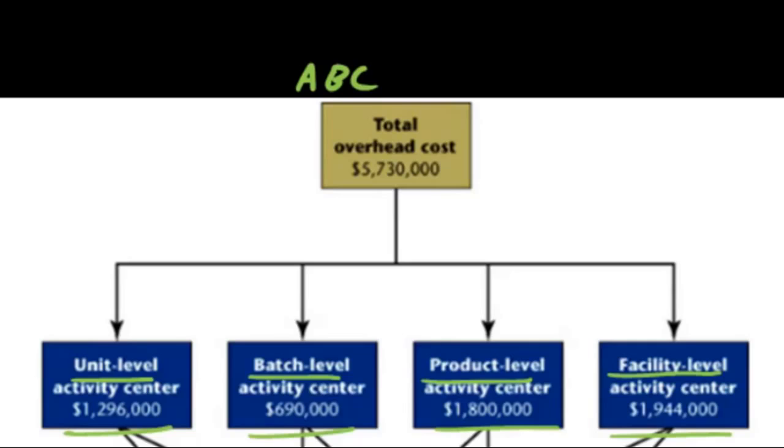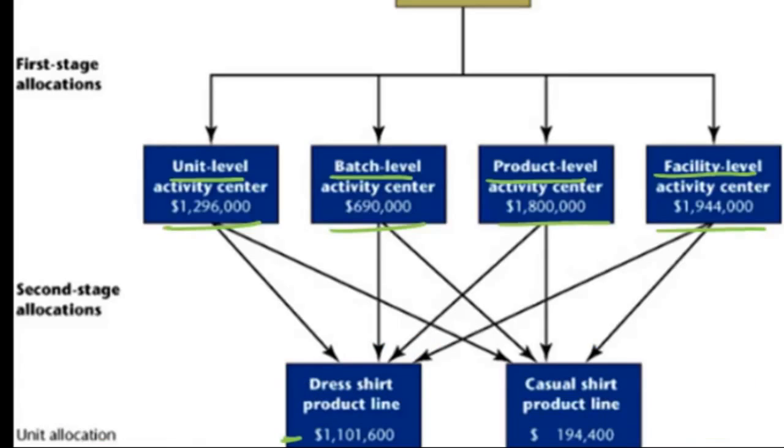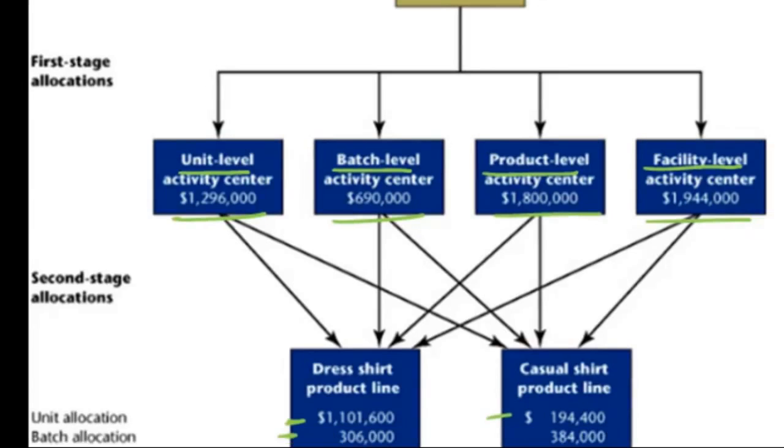And then within each activity center, we allocated the overhead using either a volume measure or a cost measure, and you can rewatch the last video to see how we did that. But the end result was unit level allocation, where we allocated 1,101,600 to the dress shirts and 194,400 to the casual shirts. For batch allocation, we allocated 306,000 to the dress and 384,000 to the casual.